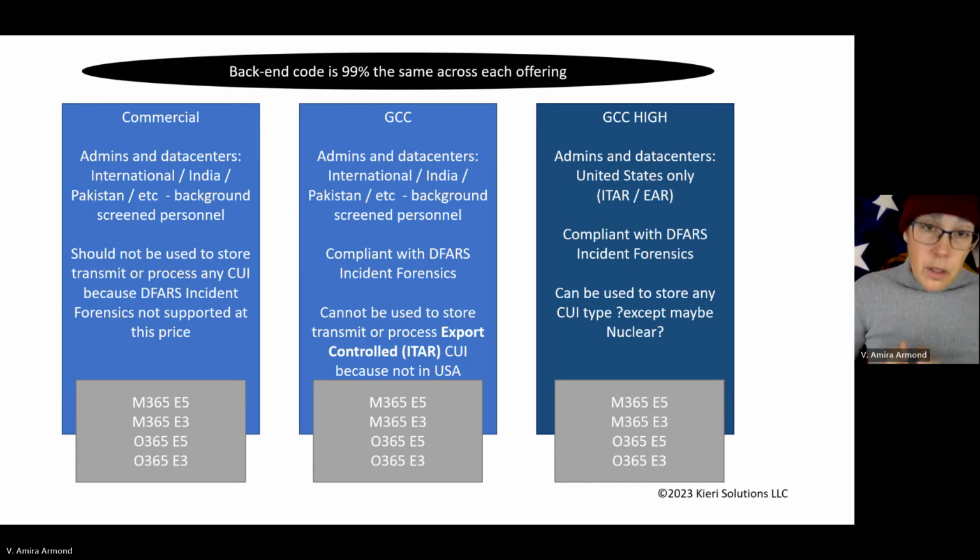If you have CUI and you want to put it on a cloud, that cloud needs to be FedRAMP moderate or equivalent, primarily meaning the 120 security controls from the FedRAMP moderate baseline as verified by a third-party assessor, and that also supports the DFARS incident forensics requirements.